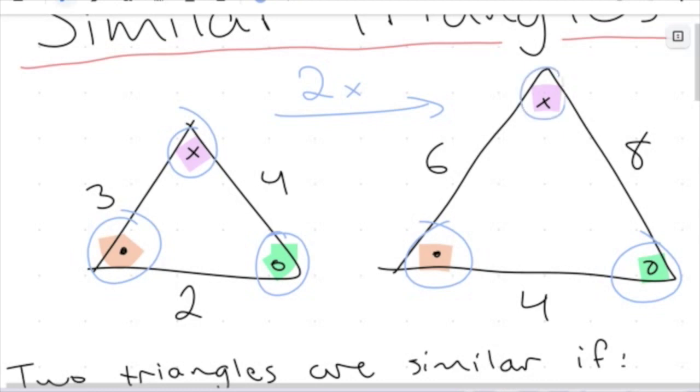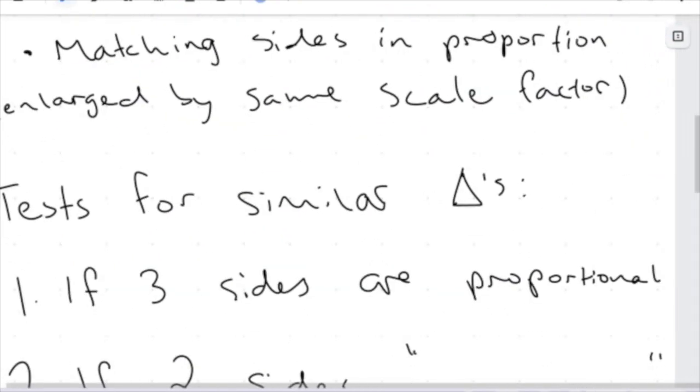So these must be equal as well. So it's kind of just making it easier for us, because we only need to locate 2, because we already know the third's going to be equal because of the property that all triangles have, that their angles add up to 180 degrees.